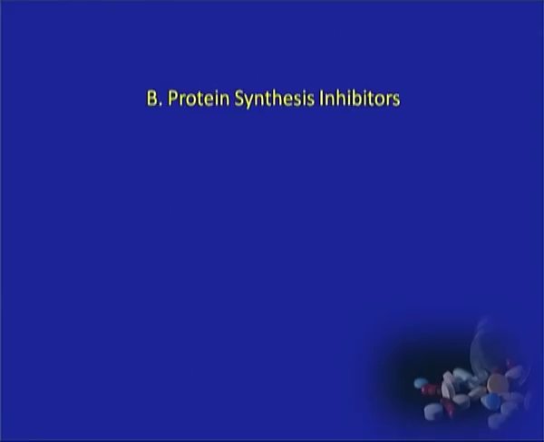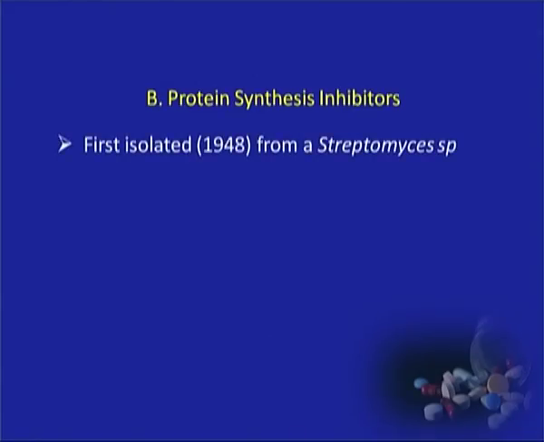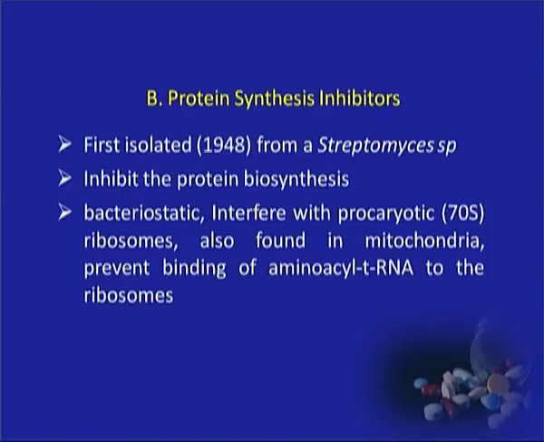The second category is protein synthesis inhibitors. These types of antibiotics were first isolated in 1948 from a Streptomyces species. They inhibit protein biosynthesis. They are bacteriostatic.